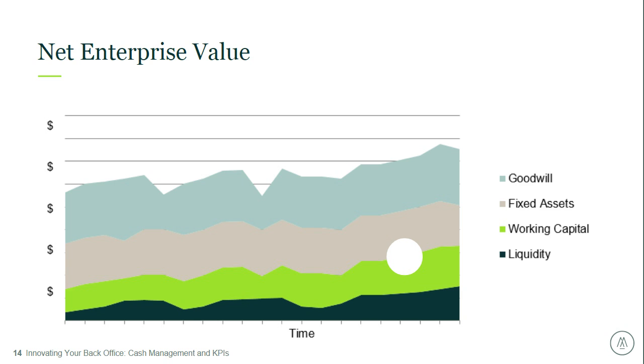We often see companies spending a significant amount of time thinking about human capital, fixed assets, branding, new projects, and really activities tied to those. But we don't always see some of the privately held companies focusing on the synergy between working capital and liquidity. And that's really what we're zeroing in on today.